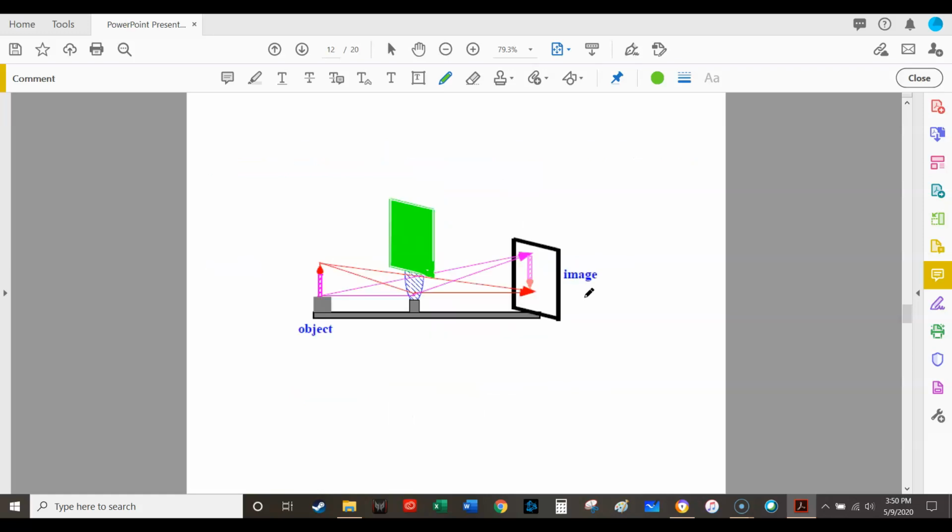Well, what happens is this. Some of the light rays are not going to get through. So that parallel light ray that comes from the top of the object is going to end up hitting and stopping right there. It's not going to be able to go down through the lens because this is an opaque object, right?